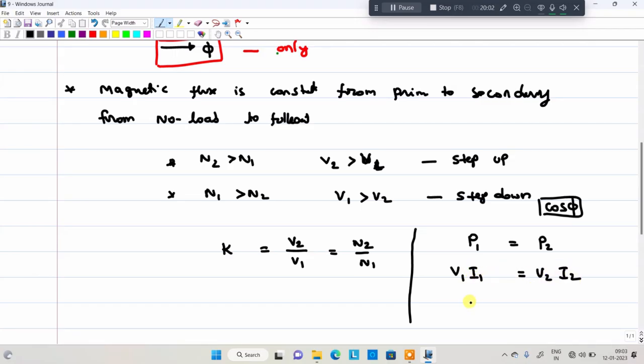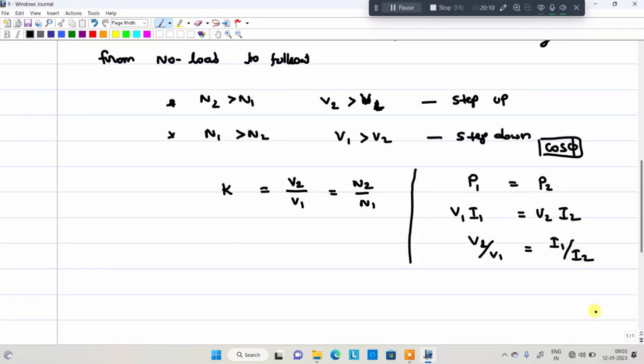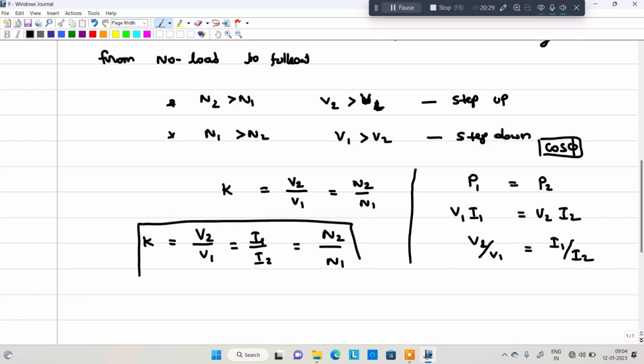From that, V2 by V1 is equal to I1 by I2. You got the relation now. So already you know K is equal to V2 by V1, which is equal to N2 by N1. That is equivalent to V2 by V1 equal to I1 by I2, which is equivalent to N2 by N1. This is one of the important formulas you need to remember.